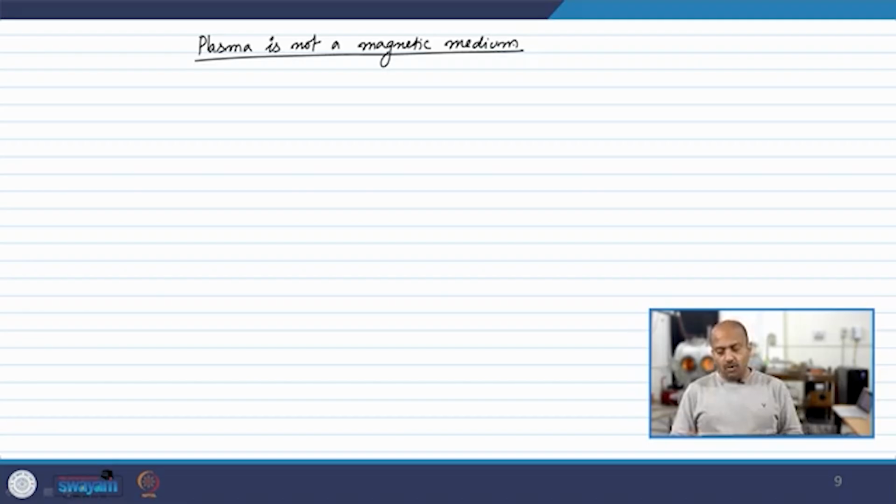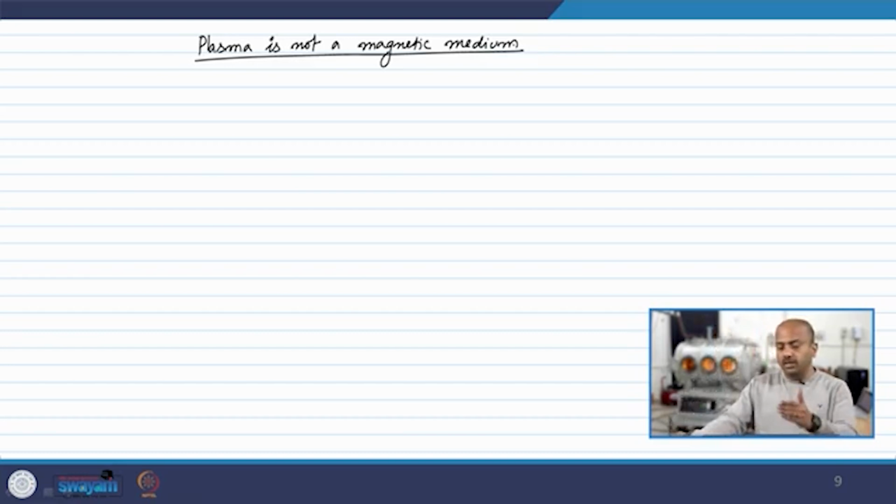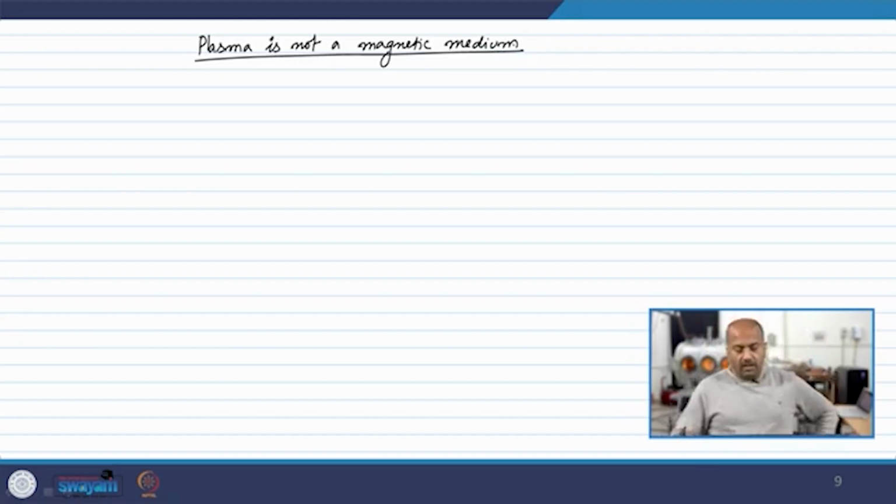Now, let us talk about the electrical properties, or how the electrical behavior of the plasma will depend on the externally applied electric field. Just like magnetization, which you talk about when you have an externally applied magnetic field, you expect all the individual magnetic dipoles to align themselves in the external field's direction.